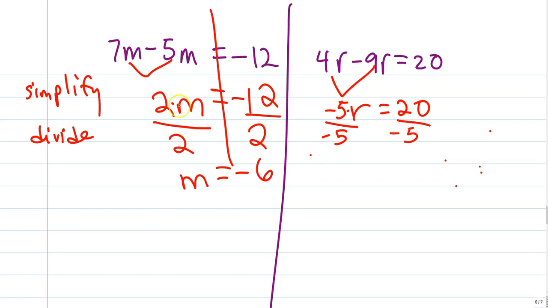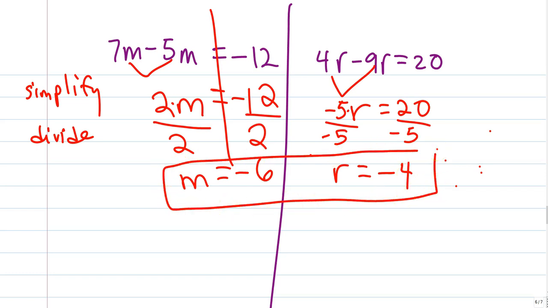If it's being multiplied by a positive, we divide by a positive. If it's being multiplied by a negative, we divide by a negative, so that we end up with positive r equals positive divided by negative is a negative. 20 divided by 5 is 4. Same process, one with a positive, one with a negative. Doesn't need to be any more complicated than that.